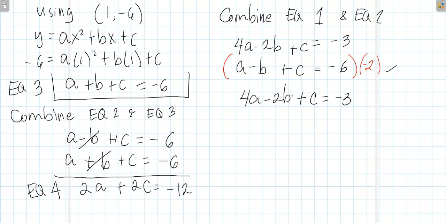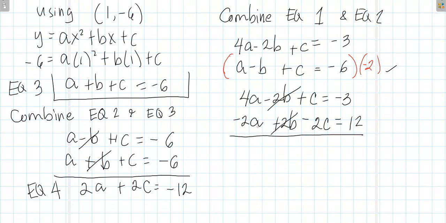And the new equation will be -2a, -2 times -b is positive 2b, -2c is equal to 12. Then add, we eliminate now. So 4a - 2a is equal to 2a - c, because 1 minus 2 is negative 1, is equal to 9. So this is now your equation 5.